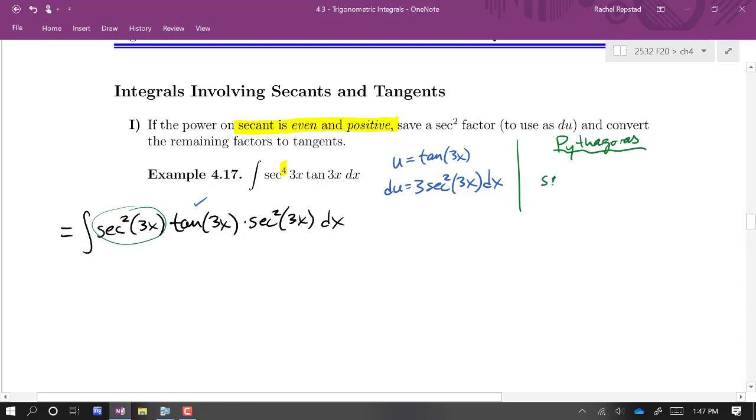That's what we're going to use Pythagoras for. Remember that sine squared theta plus cosine squared theta is equal to 1. That's true regardless of what our theta is, even if our theta is 3x. If we divide through by cosine squared, we get tan squared theta plus 1 equals secant squared theta. So I'm going to use that to rewrite the secant squared: secant squared turns into tan squared plus 1.